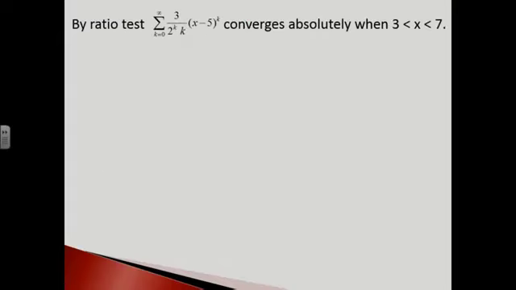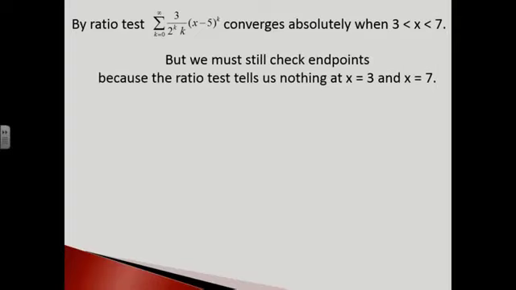The ratio test tells us that the given series converges absolutely when x is greater than 3 and less than 7. But it tells us nothing at the endpoints 3 and 7, so we must check them separately.